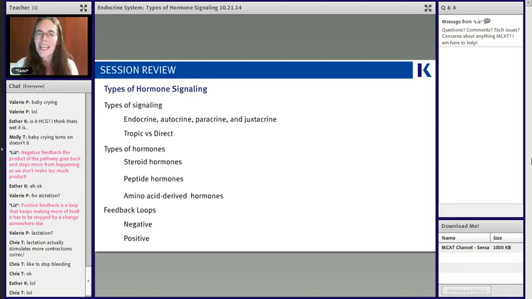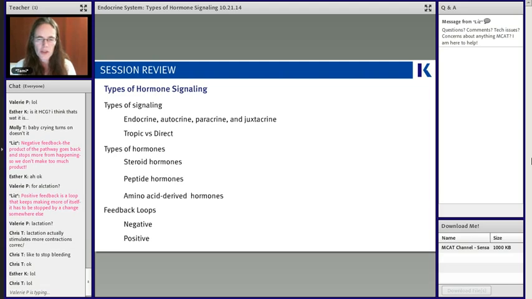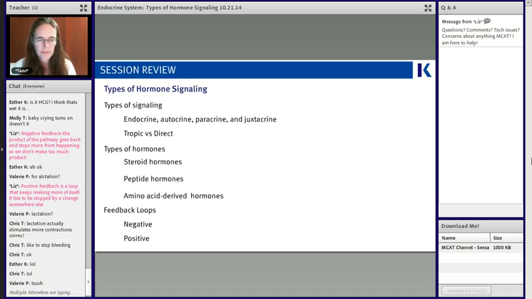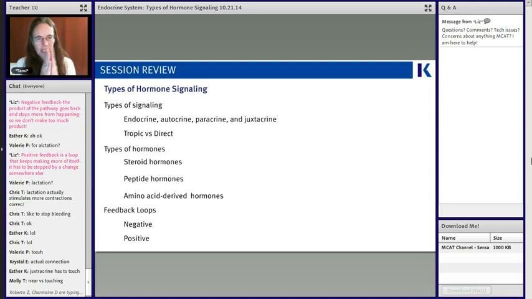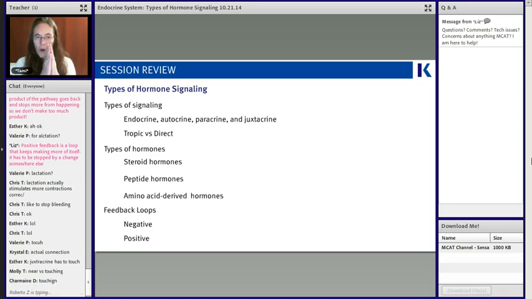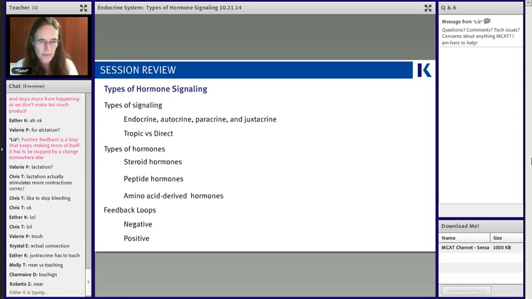Paracrine is nearby signaling, right? What's the difference between paracrine and juxtacrine? Juxtacrine, we have to be abutting, we have to be touching either physically or through some sort of bridge, okay? So it's near versus touching.